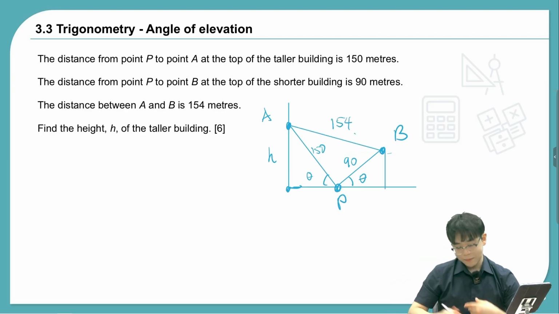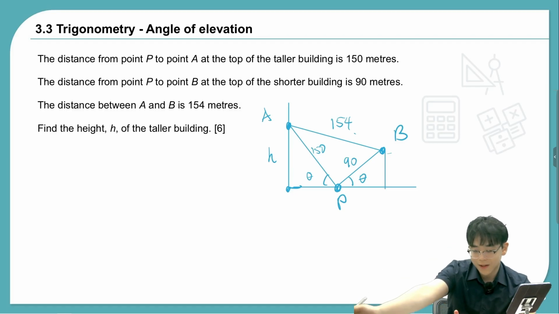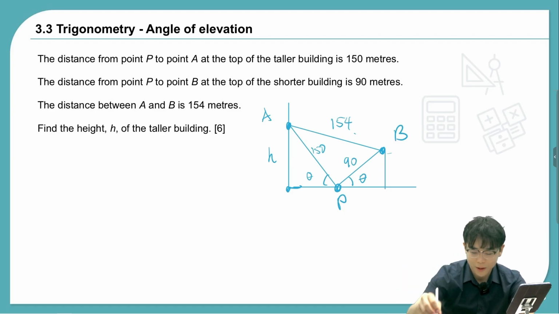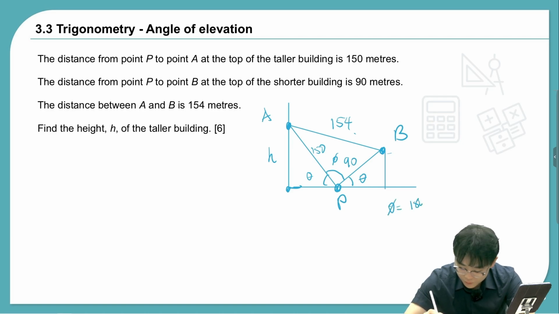Okay, so sometimes the figures aren't directly drawn. They might not even give you anything, but based on the descriptions, you should be able to draw a picture like this from scratch. Okay. So we're going to find h, and from earlier we defined that as phi, where phi is 180 degrees minus 2 theta, right?